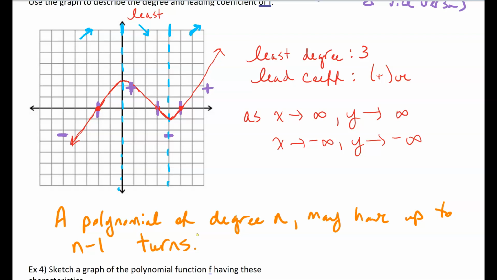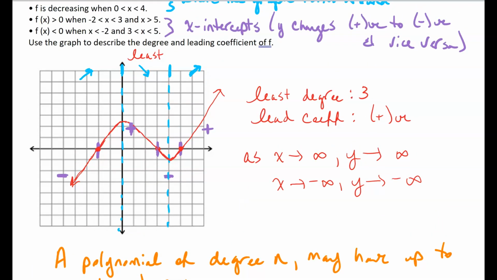And that's why I wanted to specify in this one, the least degree is a 3. It's impossible for it to have been a 2. We know it has to be odd, but could it have been a 5th degree or a 7th degree? Yes, it could have been. So the least degree is 3 on this one.